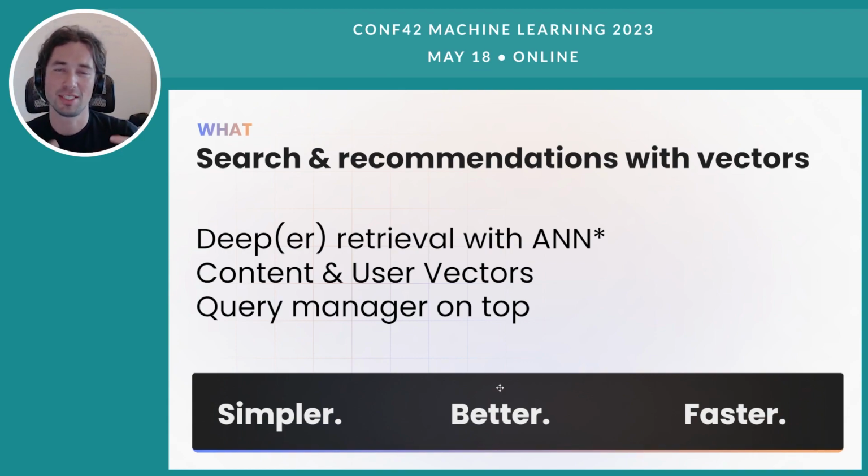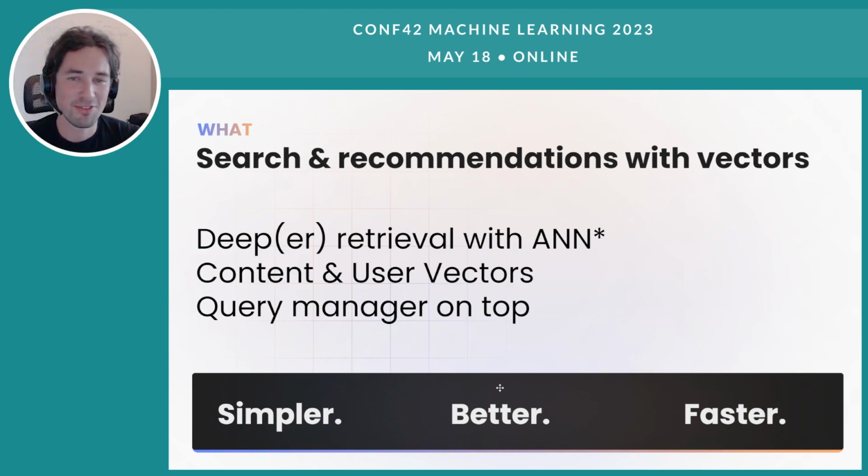First, how to strengthen the retrieval part, given that we can do nearest neighbor search. We'll look at representations of content and also users with vectors that allow us to do that. And then we'll talk about having a component on top of this that will be much simpler and faster than the normal ranking that sits on top of the retrieval. There's probably still a need for that component, but it's much simpler.